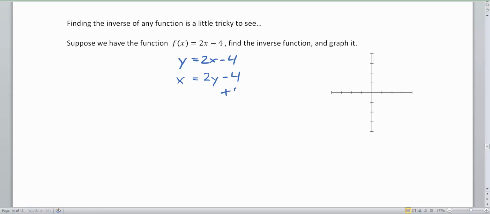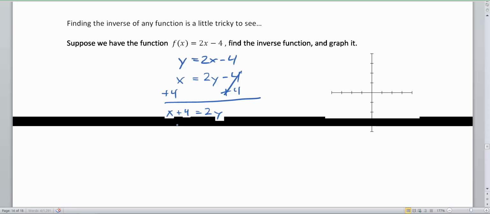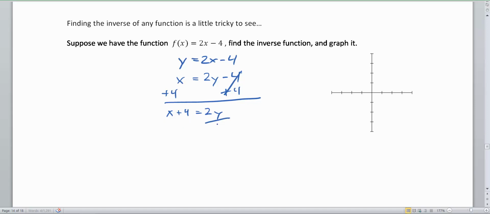So I'm going to add 4 to both sides using this inverse operation. That simplifies, so x plus 4 is equal to 2y. Okay, then I'm going to divide by 2 on both sides, and I like to divide the 2 by every single term. So that when I have 1/2 x, instead of writing it x over 2, I write it as 1/2 so I could better see slope, plus 2 is equal to y.